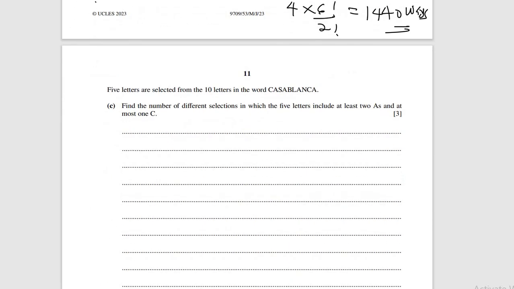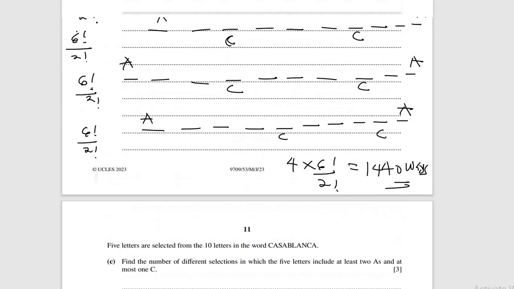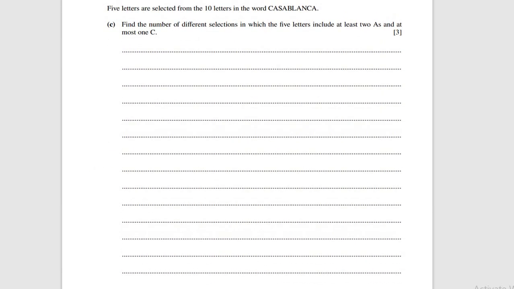The last one: 5 letters are selected from the 10 letters in the word Casablanca.